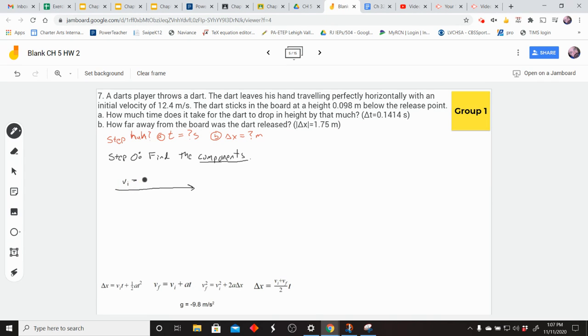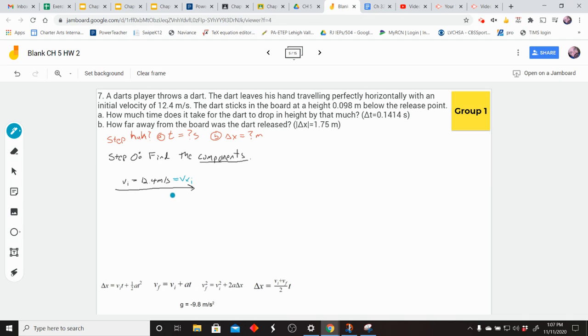So V initial is 12.4 meters per second. Now we need to find the components of this velocity. So how much of this velocity is horizontal and how much is vertical? Well, all of it is horizontal. Vx initial. This dart is only going sideways. So my V initial is my Vx initial, 12.4 meters per second.